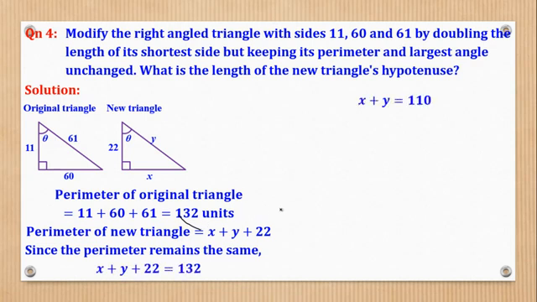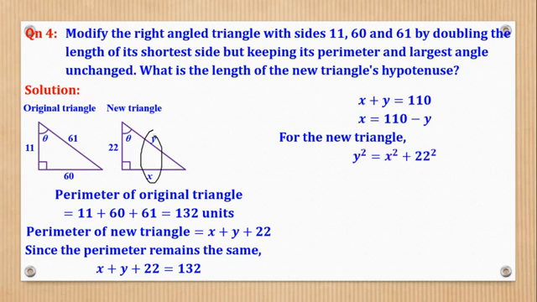When I equate and simplify, remember I want y, so my aim is to eliminate x. That's what I'll make the subject. Then for the new triangle, I'll use Pythagoras theorem, where y squared is equal to x squared plus 22 squared. I don't want x, so I'll substitute for x.